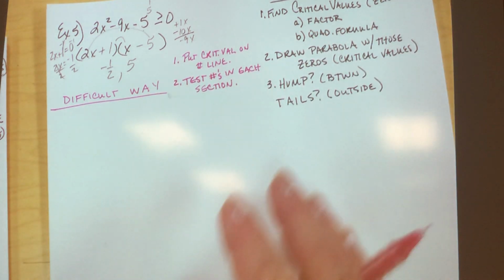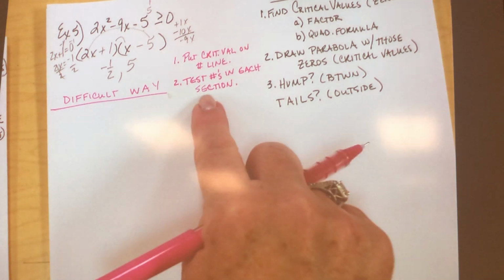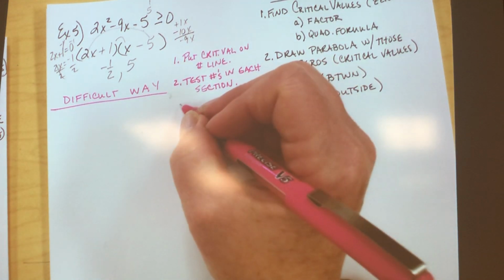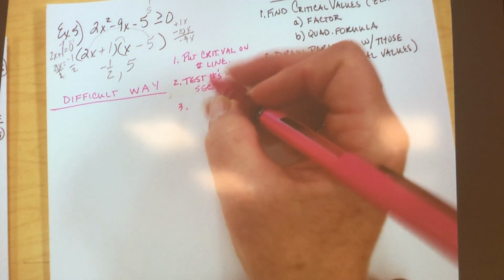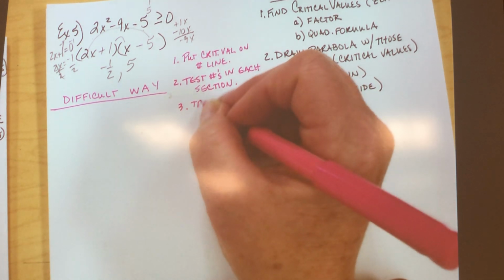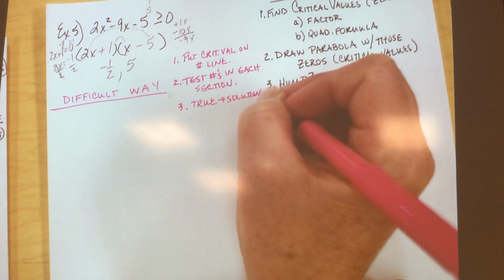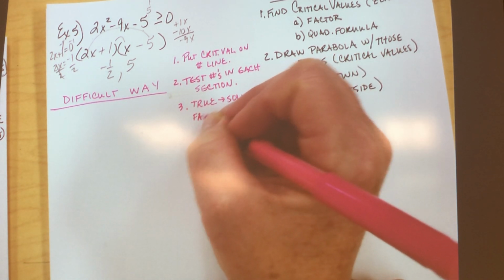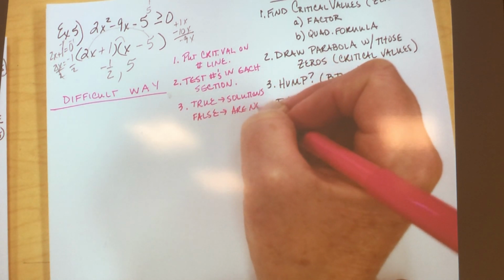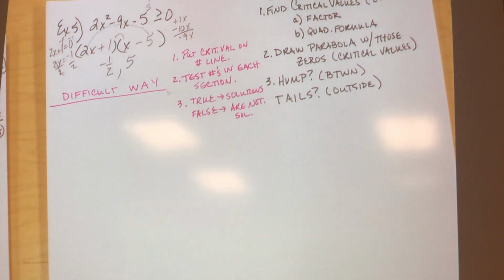Your critical values are going to divide your number line up into sections. And you're going to test numbers in your sections. You're going to test them in this original problem. The third thing you're going to do is: true statements are solutions. False statements are not solutions.